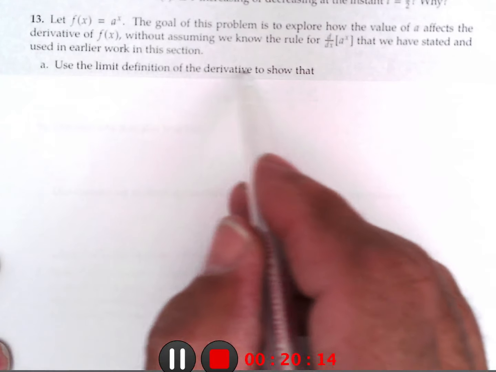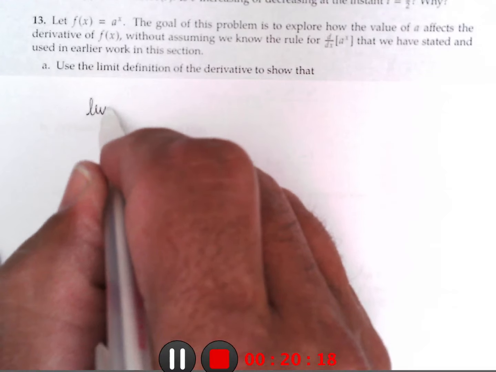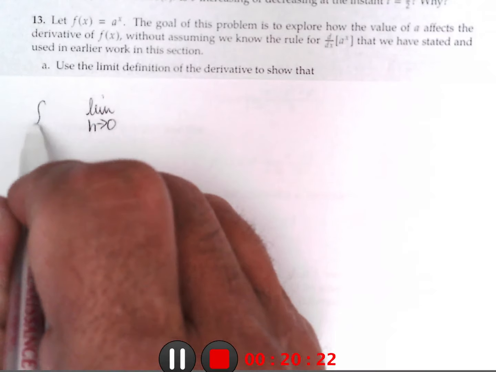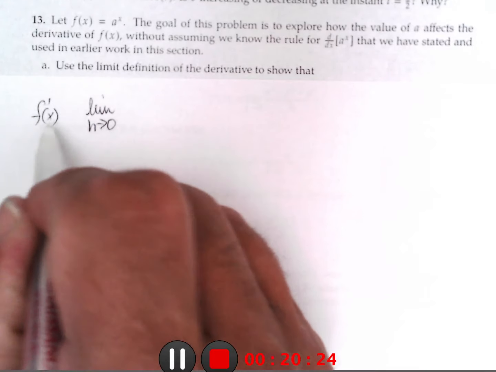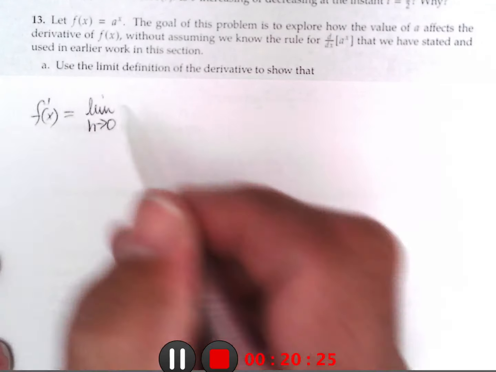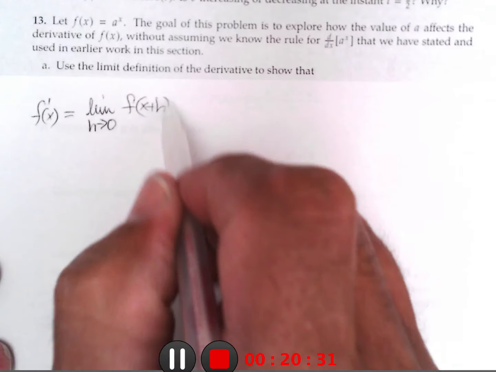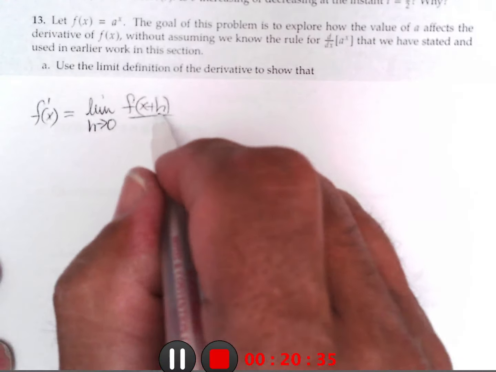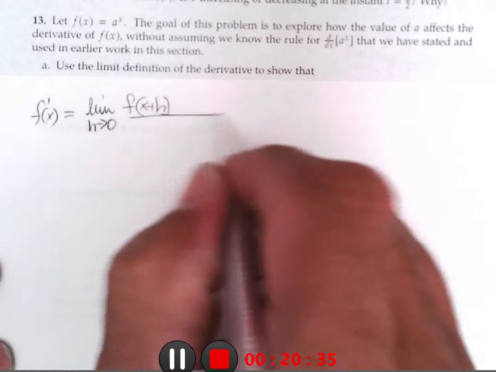So it says use the limit definition of the derivative to show that, well, let's see, the limit definition of f prime of x is f of x plus h minus f of x over h. If we were doing that at a, it would be a plus h, but I'm doing it at x, so x plus h.